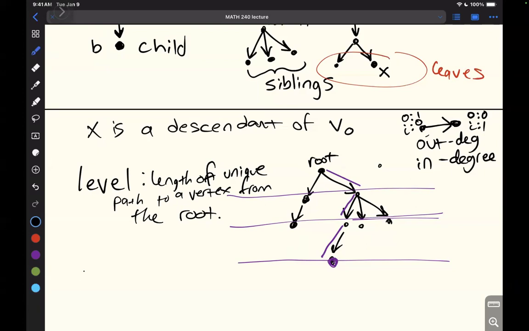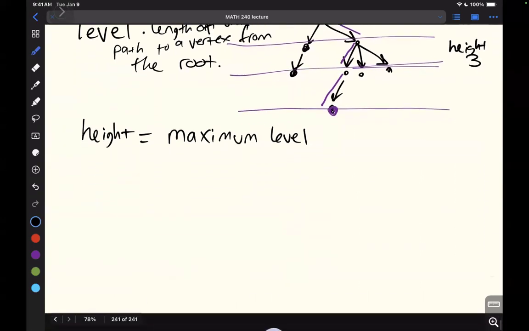And so we say the height is just the maximum level. We say that this tree has height of 3 because there's 3 levels. All right.